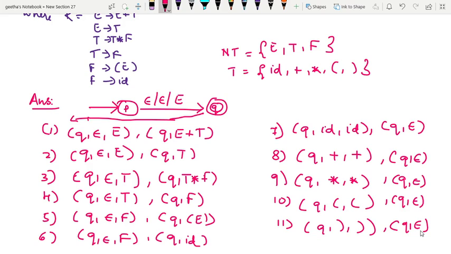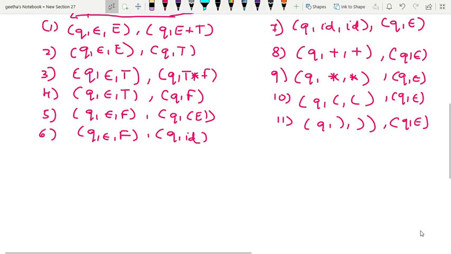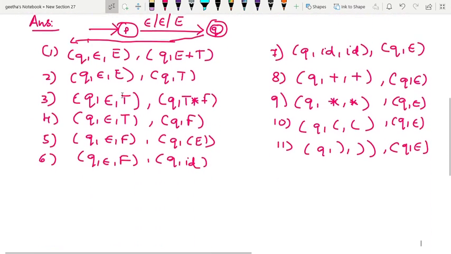Once that is done, you can even verify this PDA by taking some input of the grammar. You know the grammar says it is of type expression, so let me take one simple expression.